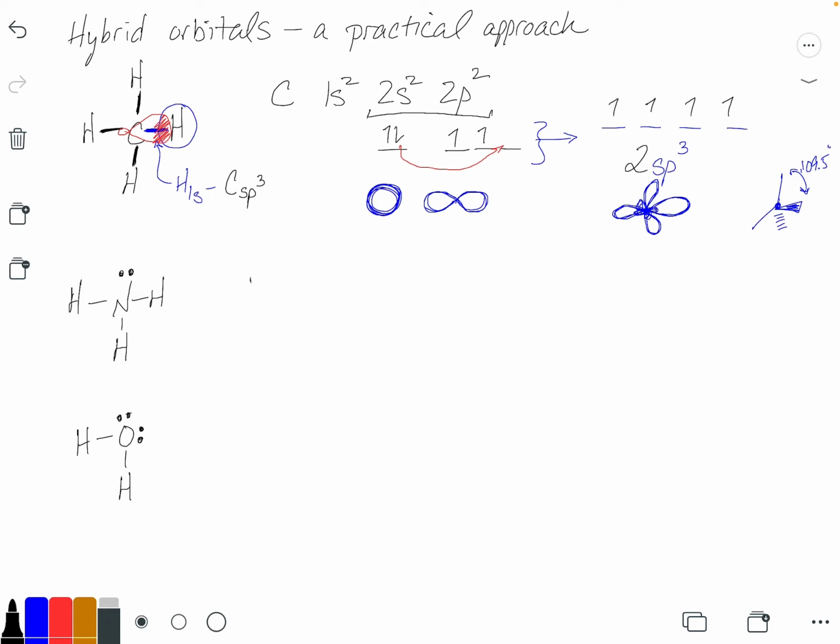So nitrogen's electron configuration from an atomic standpoint would have looked like this: 1s2, 2s2, and then as I start to count across, I'm going to end up with 2p3 for nitrogen. 5 valence electrons right here in level 2. So I still have the same atomic orbitals if I want to think about those. I just have one extra electron in there.